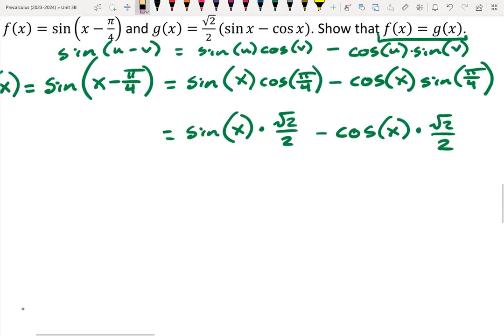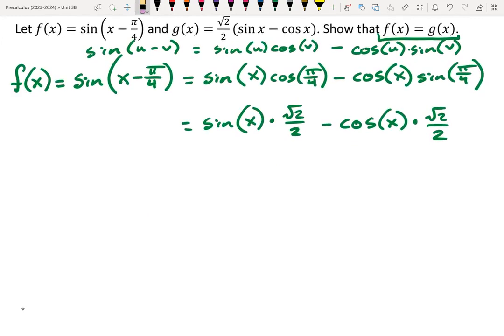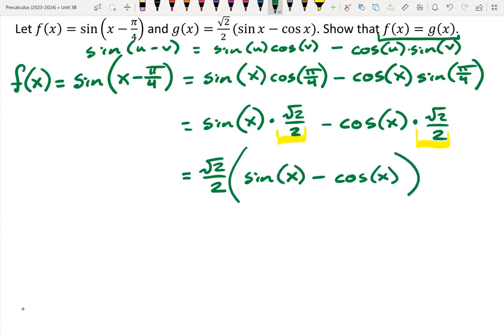If two things have something in common, can't we factor that thing out? They both have rad 2 over 2. So if I factor out rad 2 over 2, what are we left with? And isn't that what our end goal was?